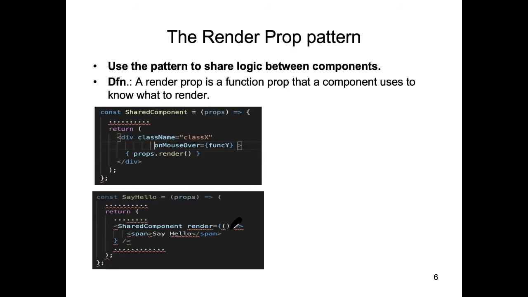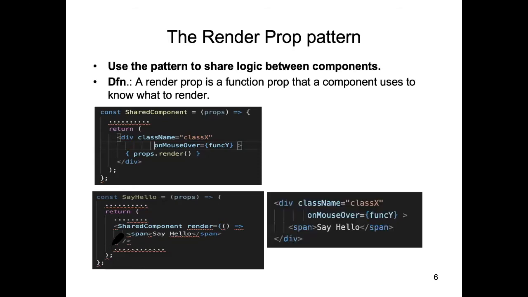So this function here returns, it looks like a span, which means if we kind of looked at the runtime outcome of this overall piece of code here, it would look like that. So the div and the on mouse click handler, all of that is coming from up here. The span is coming from the render prop and the closing div.